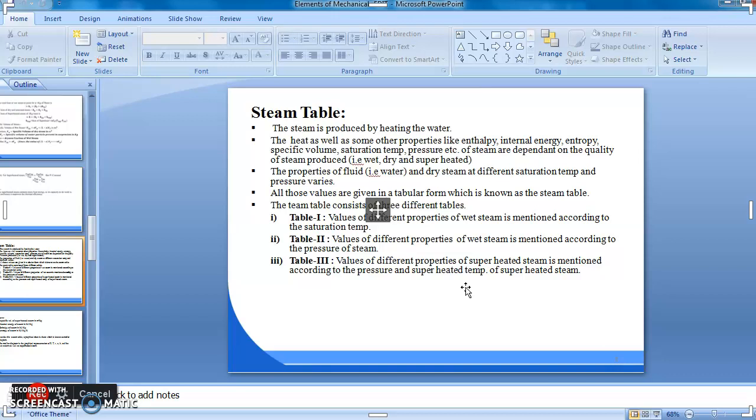Similarly, table 2 gives the values of different properties of wet steam according to the pressure of the wet steam. The values of different properties will vary according to the pressure also.